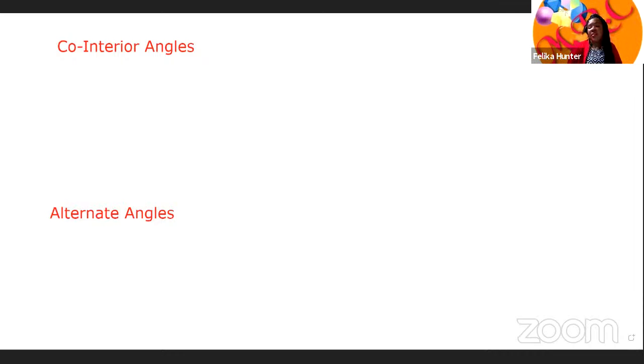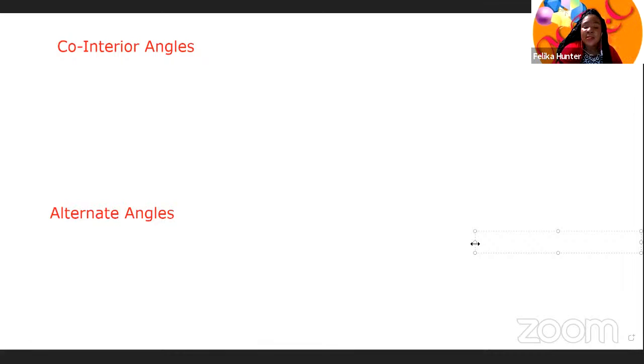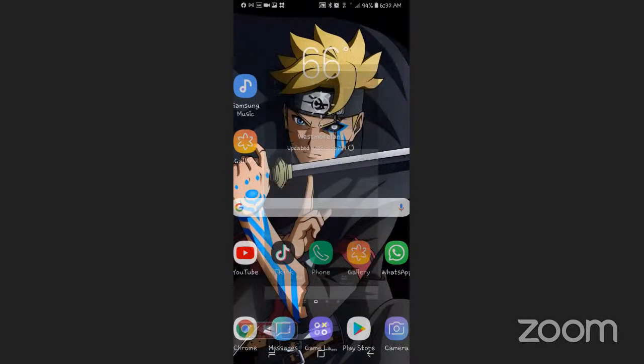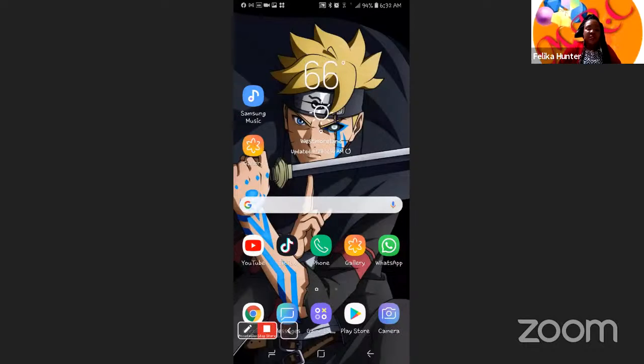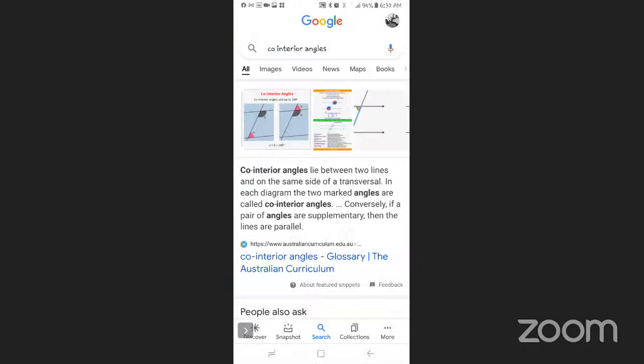All right, so that means Peter is the one that is going to do the research, since Peter can share his screen. It doesn't matter, just go ahead and share the definition. And make sure that if you're using your phone, it's turned horizontal so that it comes up properly.